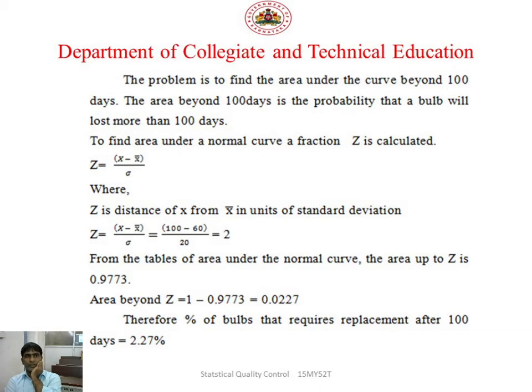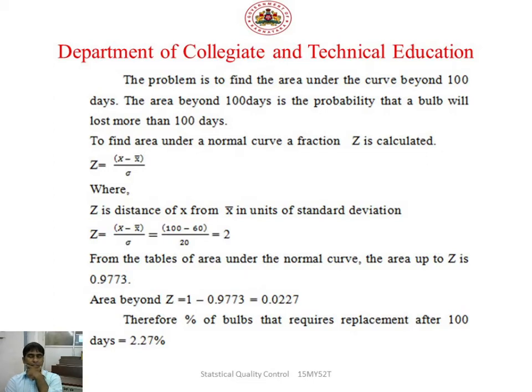So here you should refer to a normal distribution table. You should refer to this table, and for the value 2 you calculate the area under the normal curve. From the table, for z equal to 2, the table value is 0.9773.